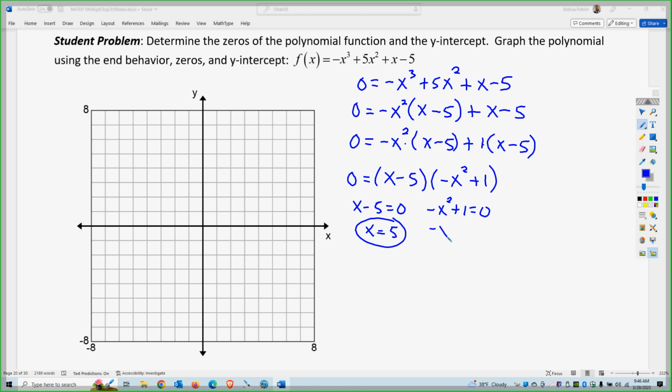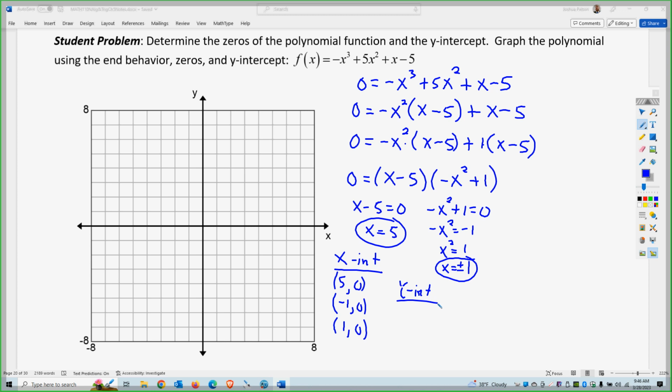And then negative x squared is equal to negative 1, or x squared is equal to 1, or x is equal to plus or minus 1 when I square root, right? So that means my x-intercepts are 5, 0; negative 1, 0; and 1, 0. And if I do my y-intercept, the function should only be 1.